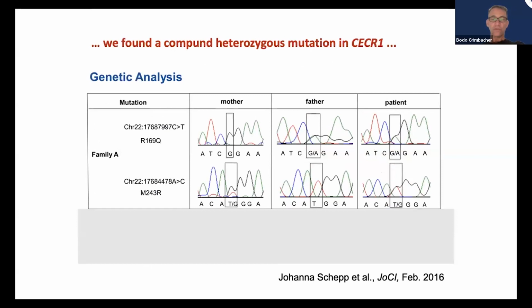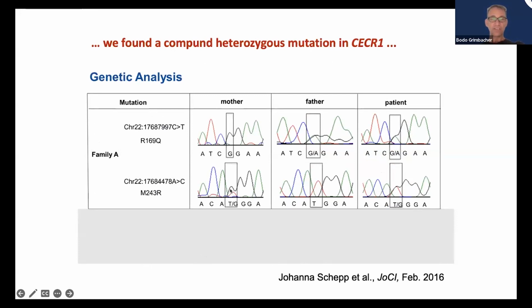When we confirmed the genetic results, we saw a compound heterozygosity. So what is that again? You inherit one mutation from the father. So this is the patient, he inherited one mutation from the father. The father's other allele was healthy, wild type. Whereas on that spot, the mother had a mutation.